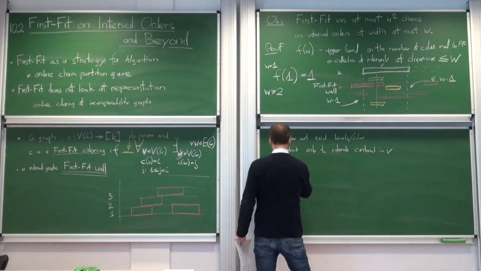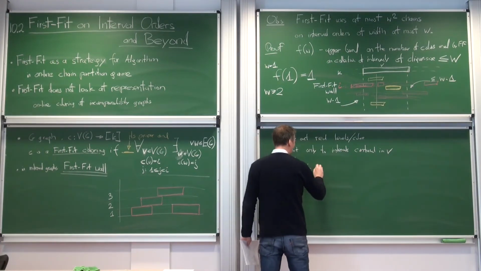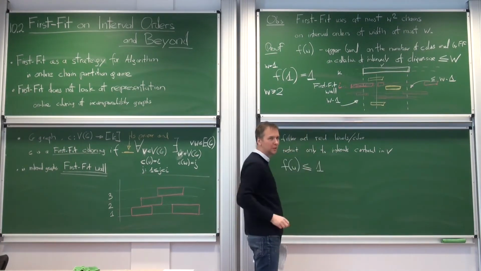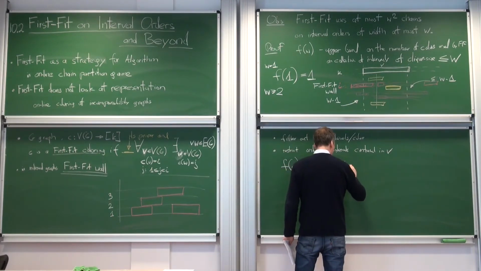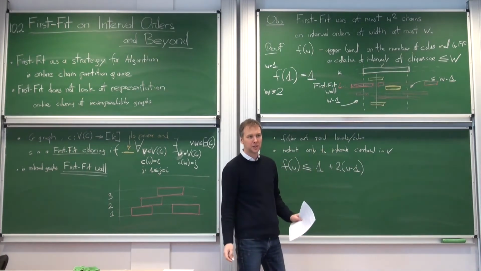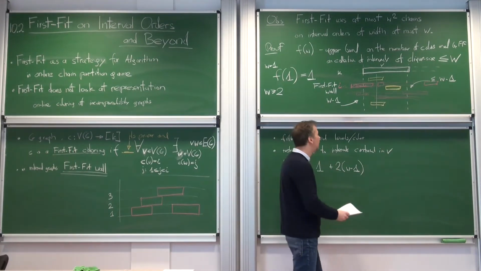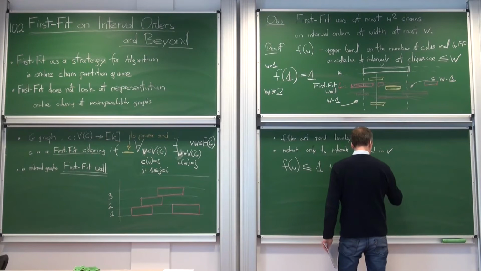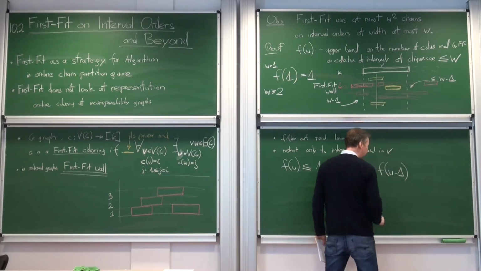Because now we see that f(w) is at most 1 for the white level, 2 times w minus 1 for the red levels on one side and on the other side. Some of them could coincide, but then it's only better for us. And then the remaining thing, the yellow thing, is of height at most f of w minus 1.